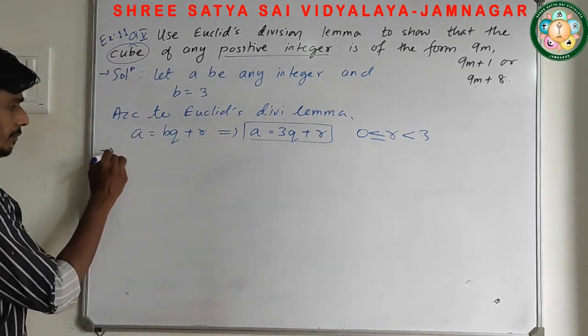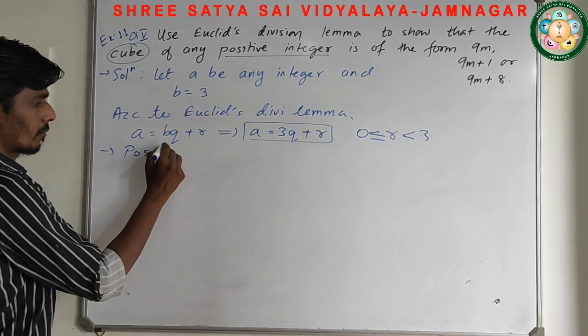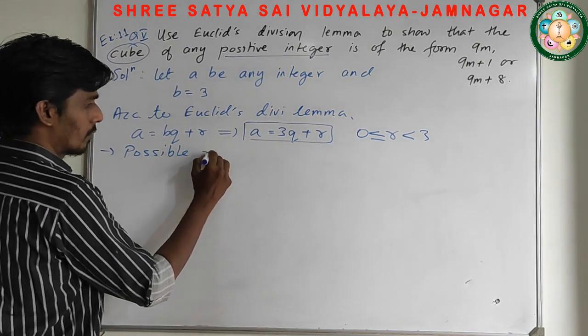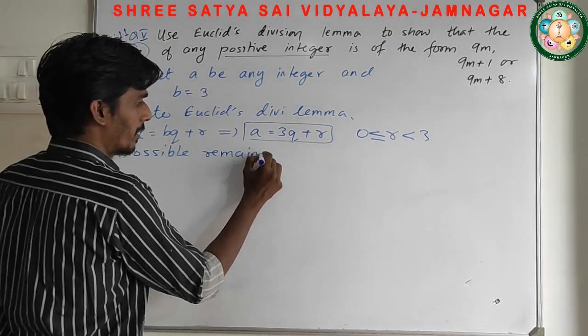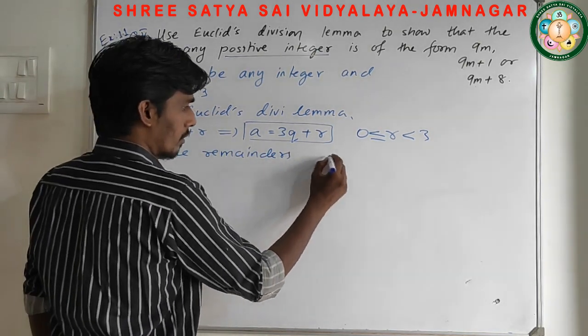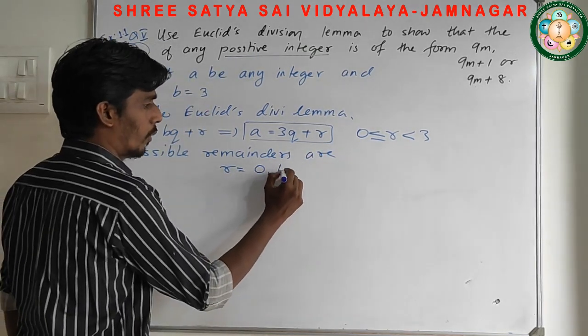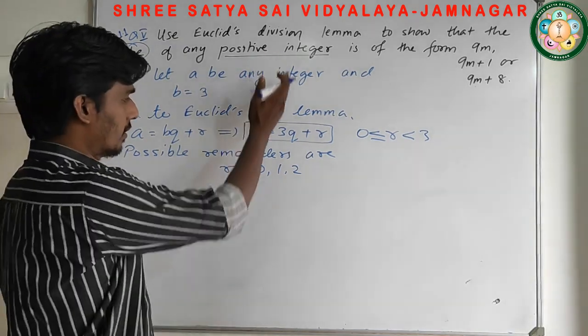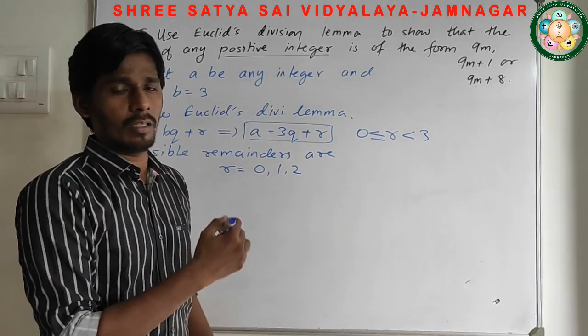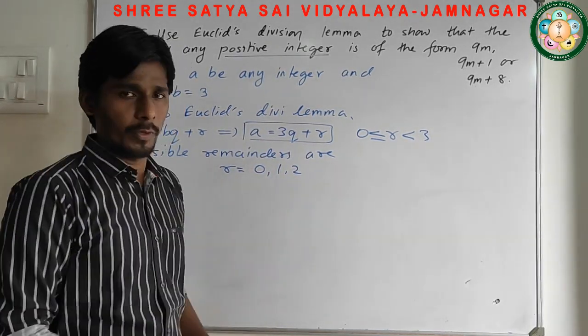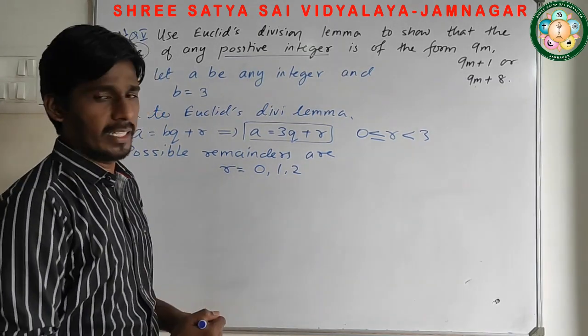So possible remainders are equal to 0, 1 and 2. I think up to this point, each and every sum, the second, fourth and fifth, has the same method.